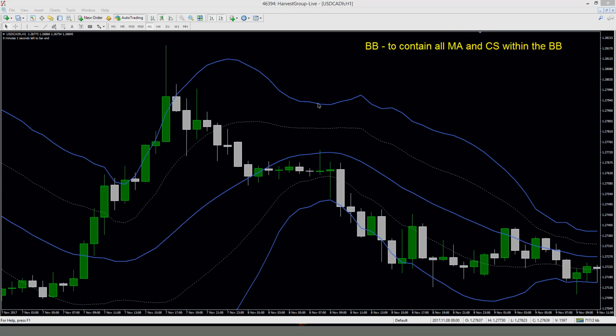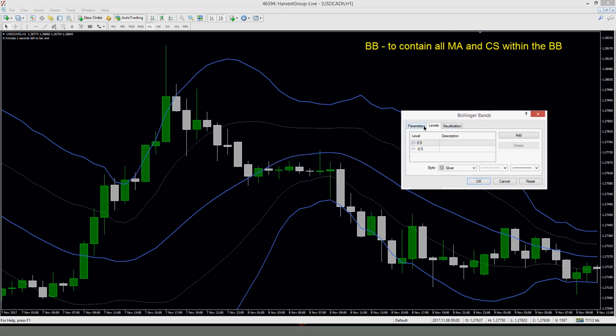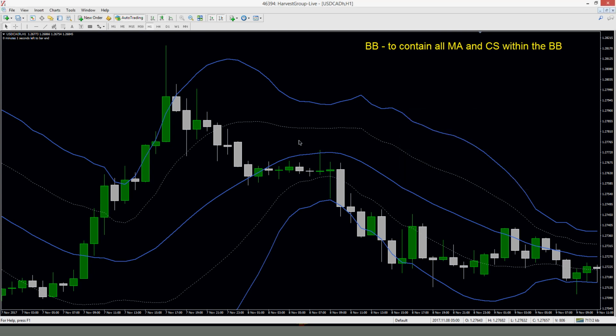So we use basically the deviation 1. Okay, so the settings for Bollinger Band are exactly the same, period 20, deviation 2, and you apply this to close, and obviously whatever color that you like. However, we add in deviation 1 in the middle. So how you add this is you press add on the levels and you add 0.5 and minus 0.5. So that's how you get the deviation 1.